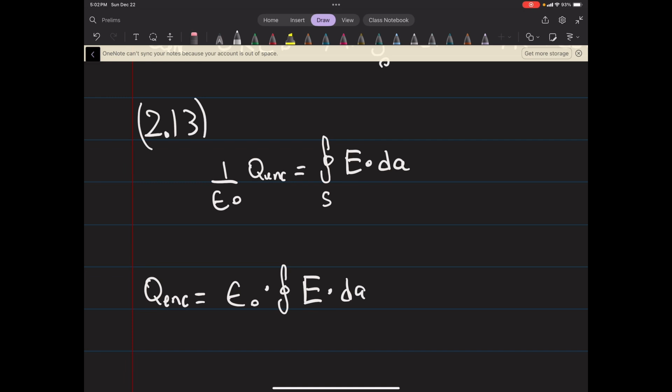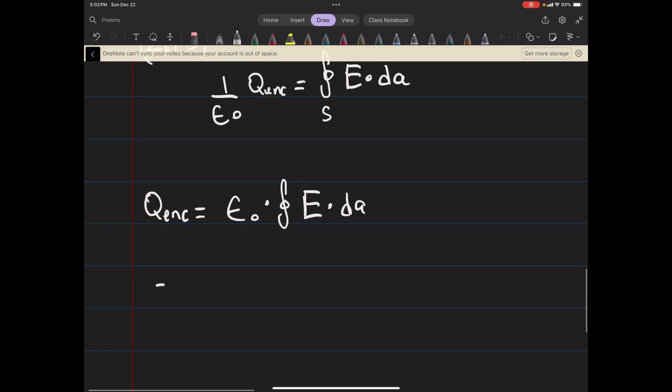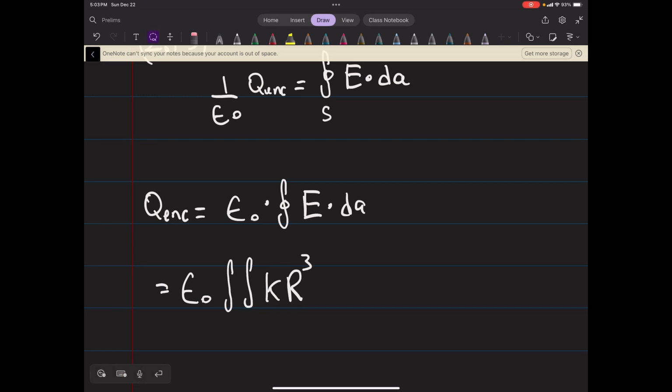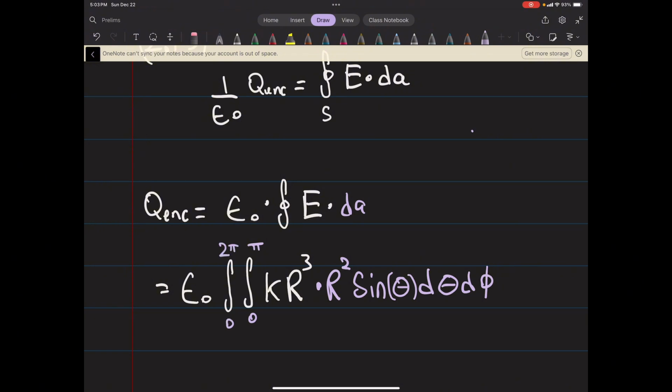Okay, and we know what our electric field is. That's one of the things that we're given. So this will be a double integral of k r cubed, and then I guess just continuing with this color coordinating theme here, your dA is r squared sine theta d theta d phi. And once again we're integrating from 0 to pi, and 0 to 2 pi for phi.